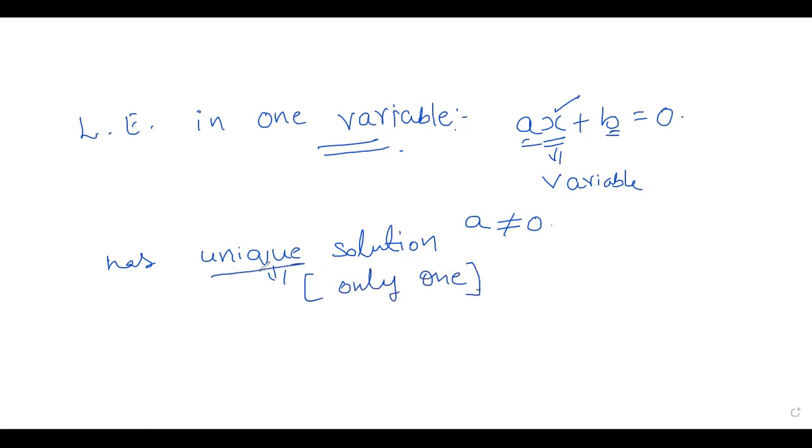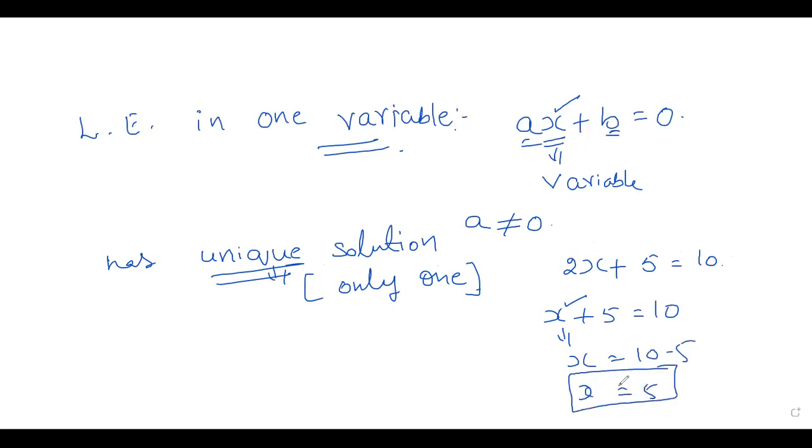It has only one solution in one linear equation in one variable. For example, 2x plus 5 is equal to 10 or x plus 5 is equal to 10. We have only one variable in the equation, x is equal to 10 minus 5. What is the value of x here? It is only 5, right?